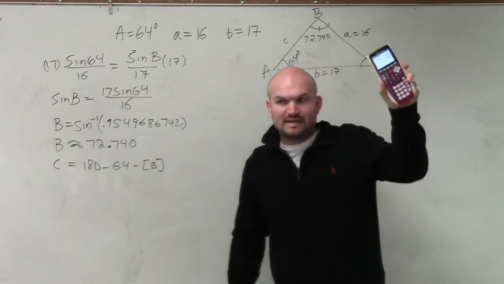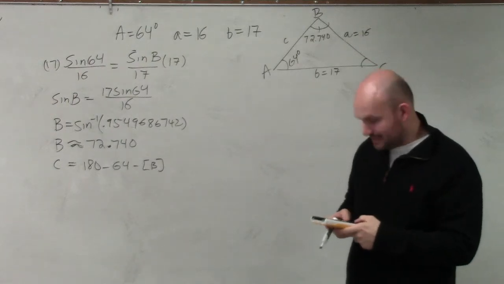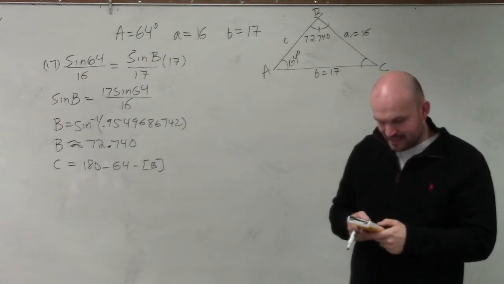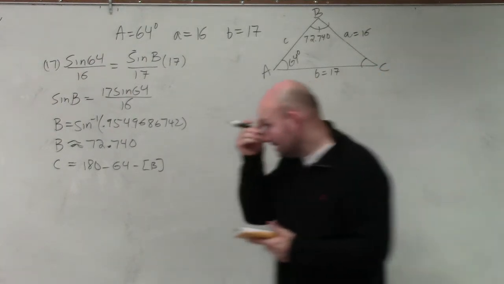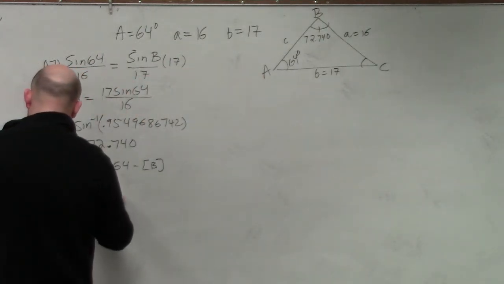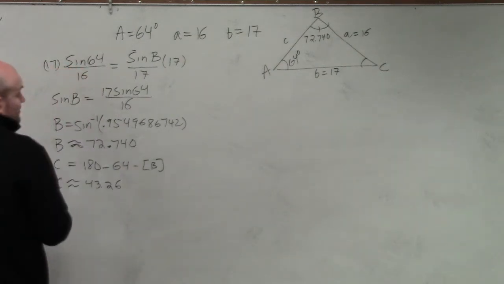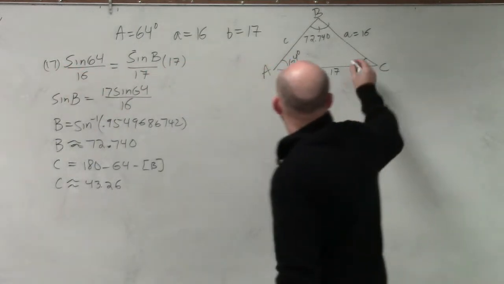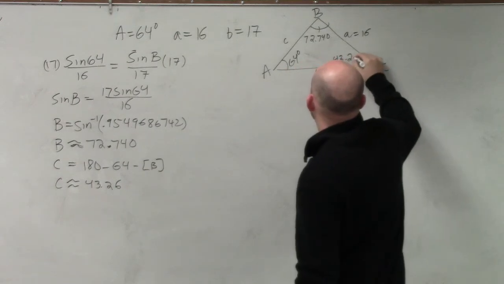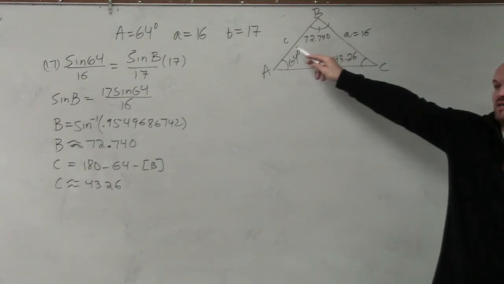That's why I store B altogether. So I do 180 minus 64 minus alpha B. And that gives me C, which is approximately 43.26 as it gets rounded. OK? Now, I have enough information to solve for my side c.